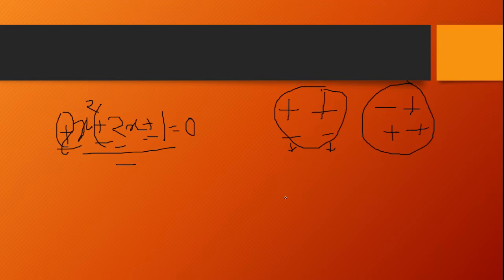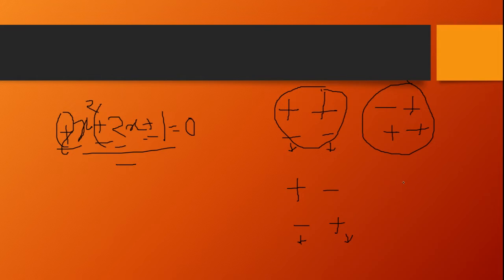And another rule is, if the last two signs are plus and minus, then the roots will be minus and plus. This minus is for the greater number and this plus for the lesser number.